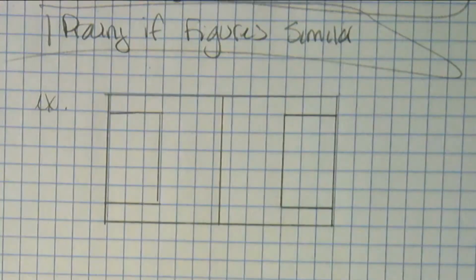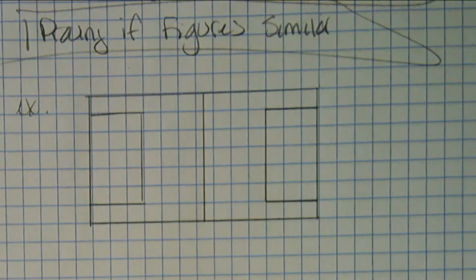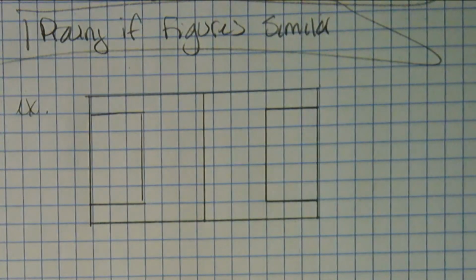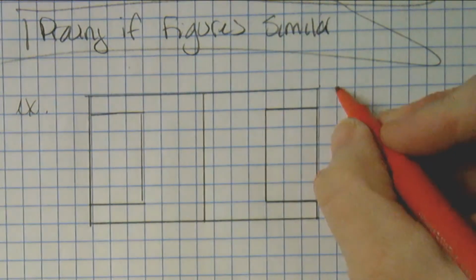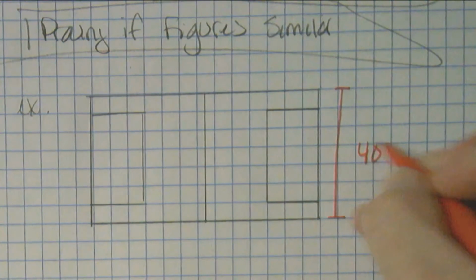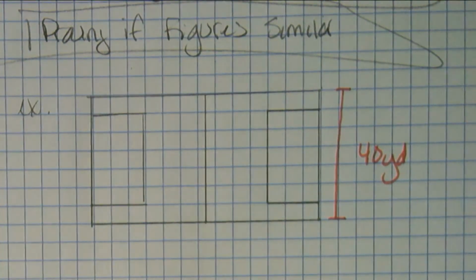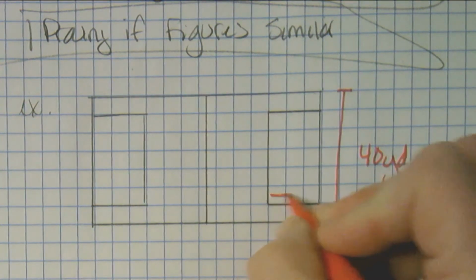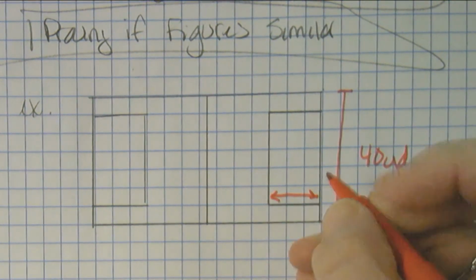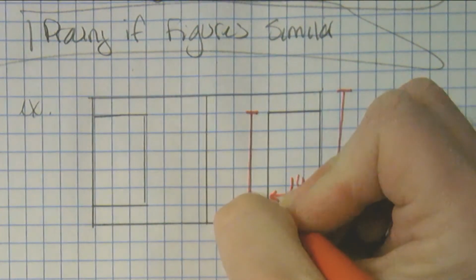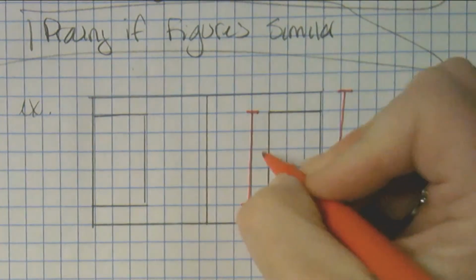Okay, so here is my soccer field. I'm going to put some dimensions on this. I'm going to get my colors out. Okay, if I take a look at my soccer field, the soccer field itself is 40 yards wide. My goal box is 14 yards by 35 yards.